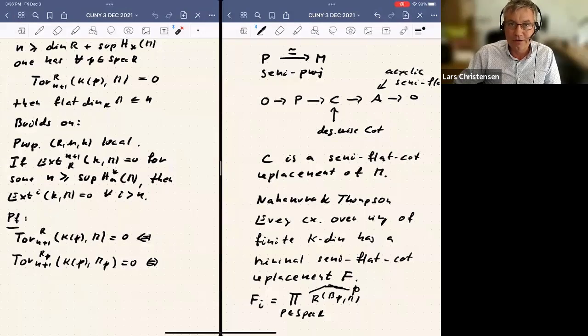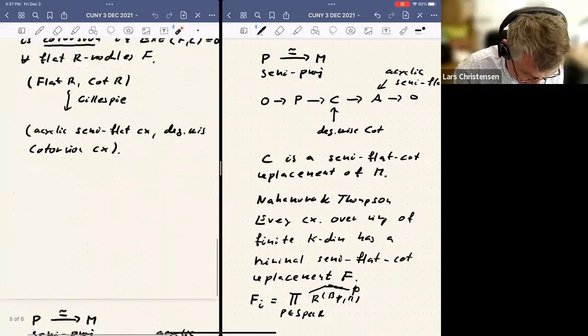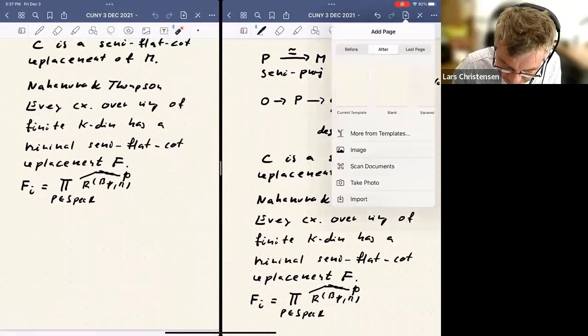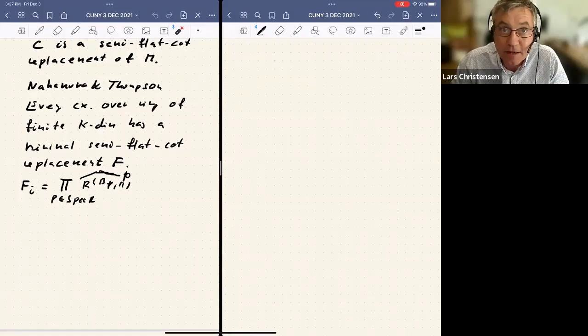And what will happen now is that resolving the complex appropriately, using one of these minimal semi-flat cotorsion resolutions or replacements, we'll be able to control exactly what the things look like and get the right bound. And as I said, flat cotorsion theory has been around for a long time. There are applications of it in a certain sense in commutative algebra, but not something that has hit so close to the core of questions that many people are interested in.